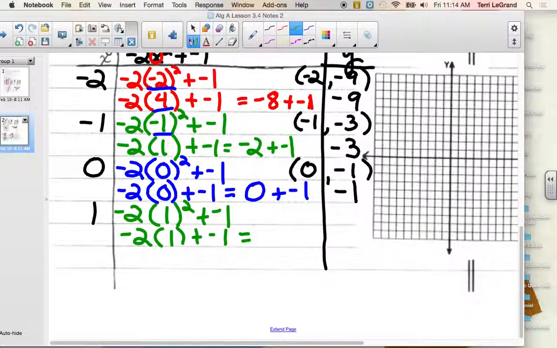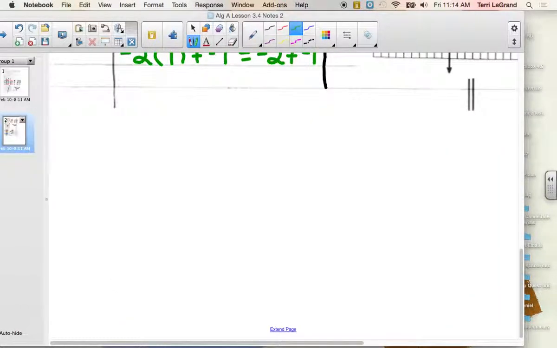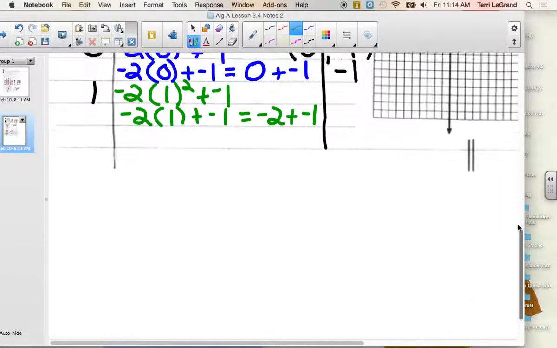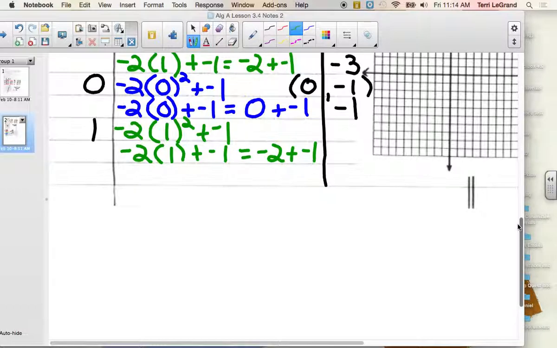What's -2 times 1? -2. And then we have that -1 to add to it. So what's our y value this time? -3. So we have ordered pair 1, -3.